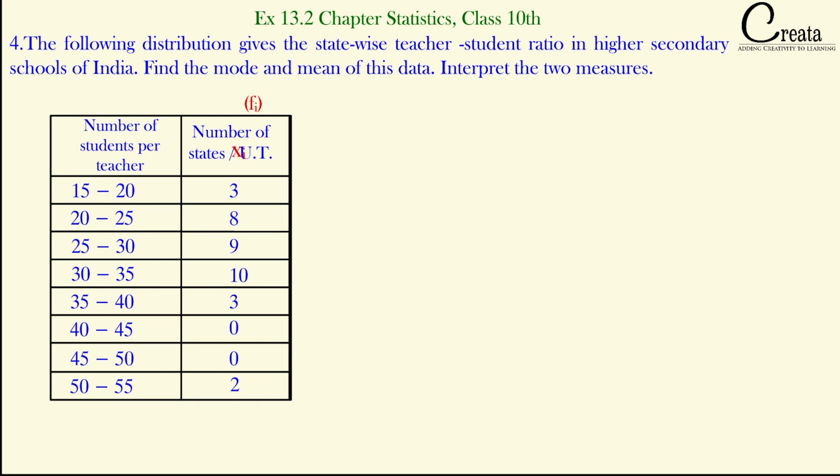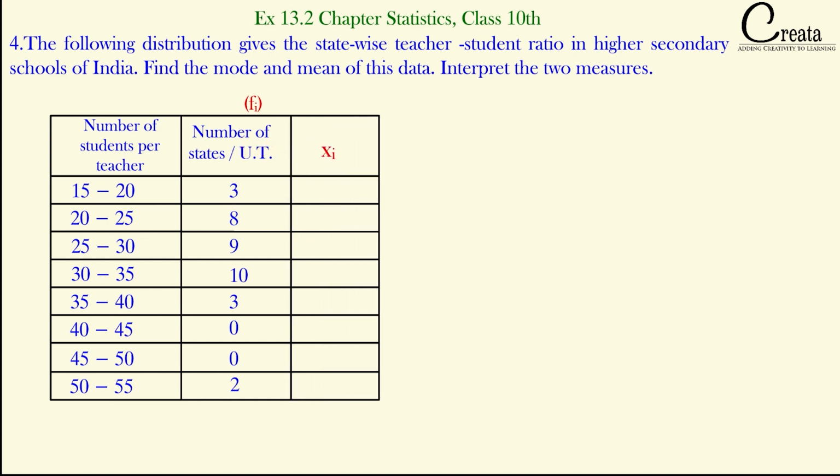Let's add one more column which is xi, the class marks. And how do we find xi? xi is the midpoint of the range. For the first row 15 to 20, the midpoint will be 17.5. You can use the formula (upper limit plus lower limit) upon 2. 15 plus 20 upon 2 is 17.5.